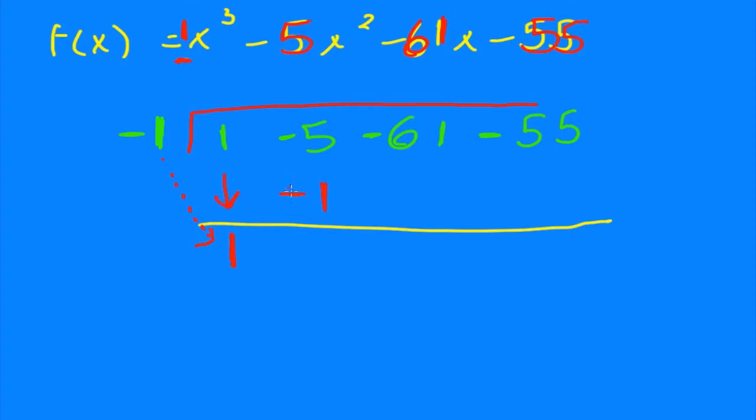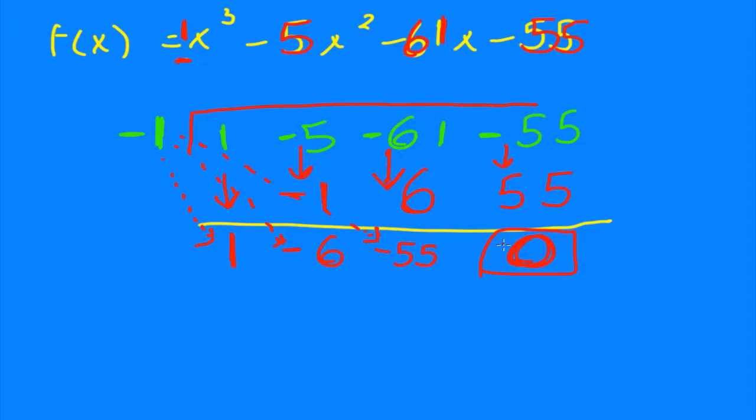And then -5 minus 1 is -6. So -1 times -6 is 6. So -61 plus 6 is -55. -55 times -1 is 55. So -55 plus 55 is 0.